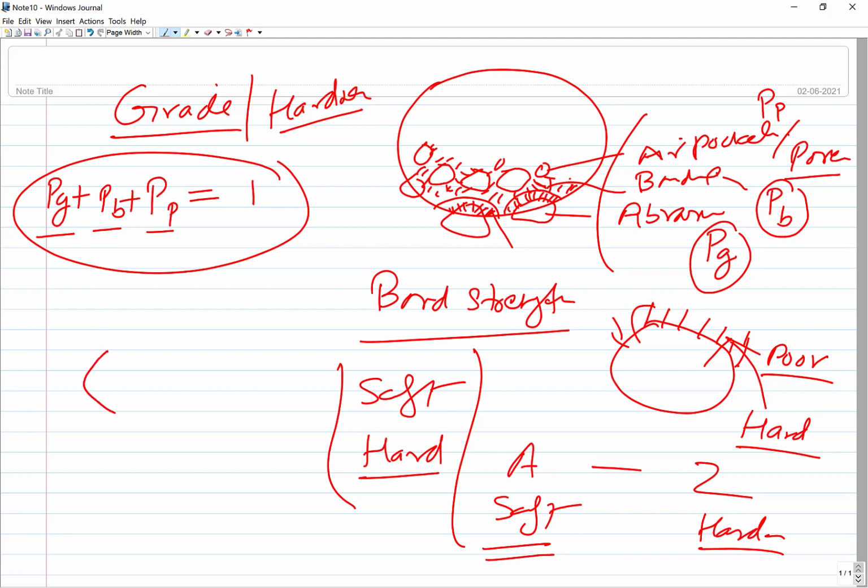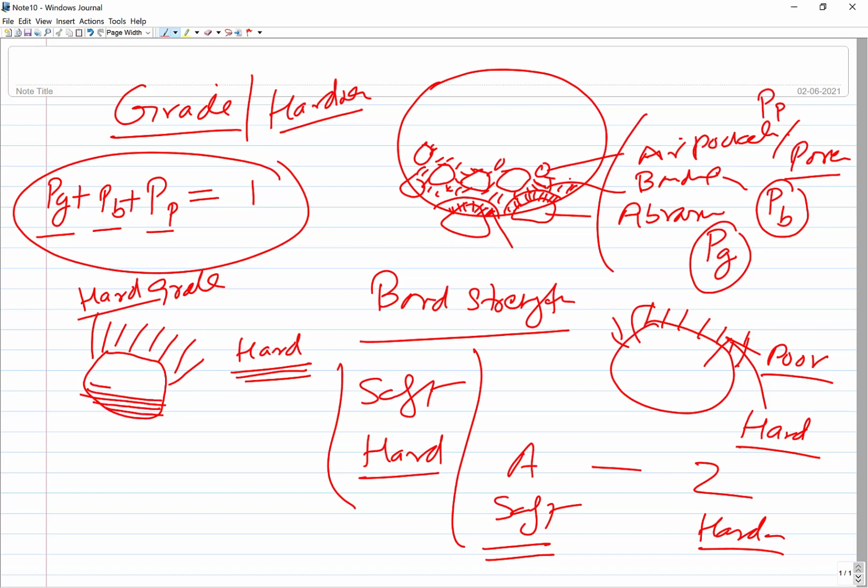Like say this is the abrasive, and this is the bond. So when we are using the abrasive for grinding of hard materials, hard grade means the bond is strong. Being used for grinding of hard materials, the abrasive will be wearing out, fracturing very rapidly, but it will be retained by the bonding material.